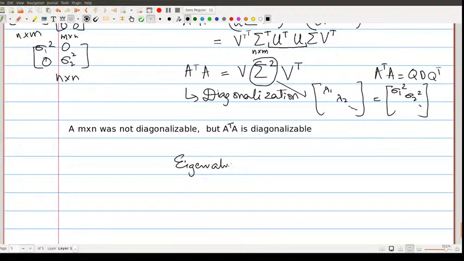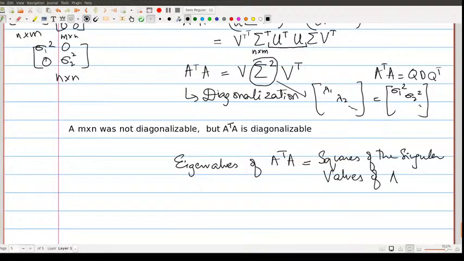So the eigenvalues of A transpose A are the same as the squares of the singular values of A. If you find the eigenvalues of A transpose A, something that you already know how to do, then you will have the squares of the singular values, so you can just square root them.